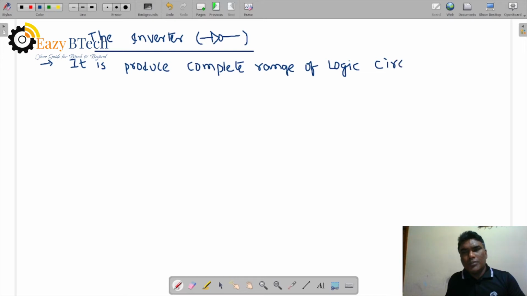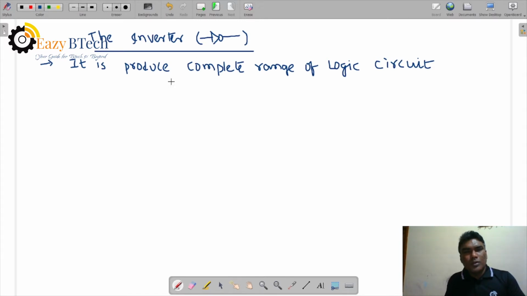What is the work of this inverter in digital circuits, in MOS transistor gates? It produces a complete range of logic levels.